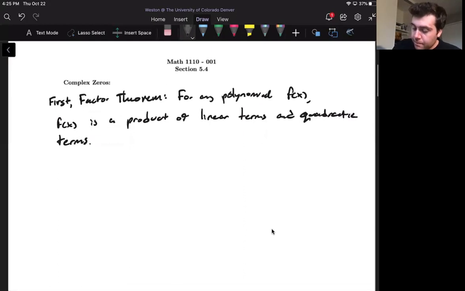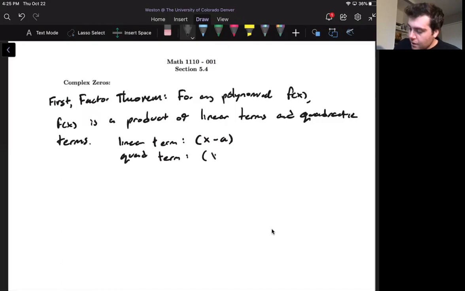So a linear term is something that looks like x minus a, and a quadratic term looks like x squared plus ax plus b.